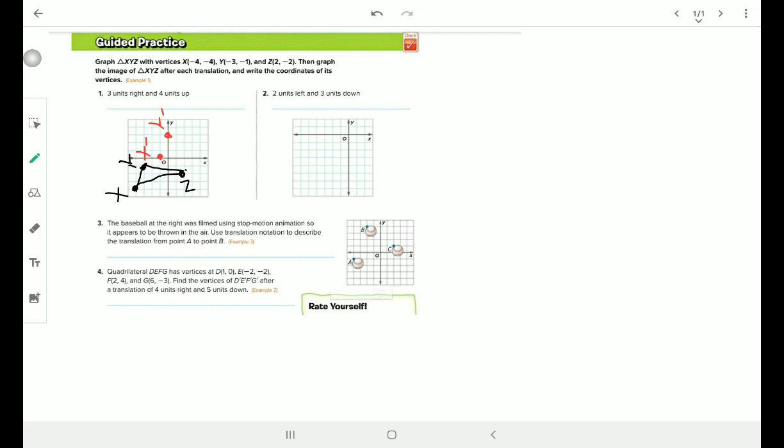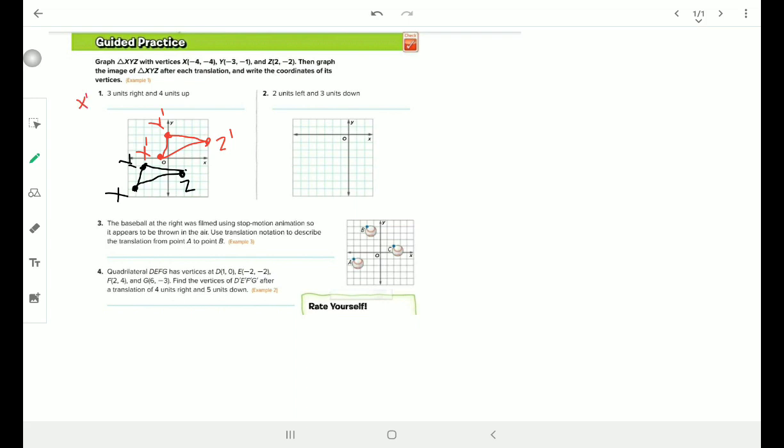And then lastly with point Z, we're going to go 3 to the right, 1, 2, 3, and up 1, 2, 3, 4. And we're going to call this Z prime. And now we can draw that triangle. Notice the triangle did not change size or shape. It is still congruent, and now we just need to write the coordinates.